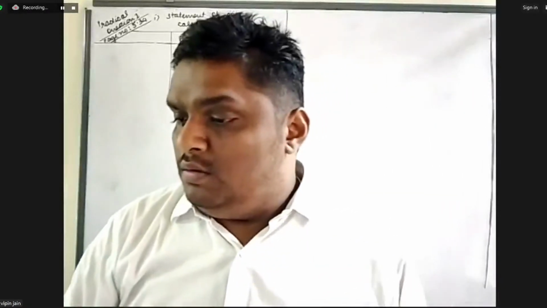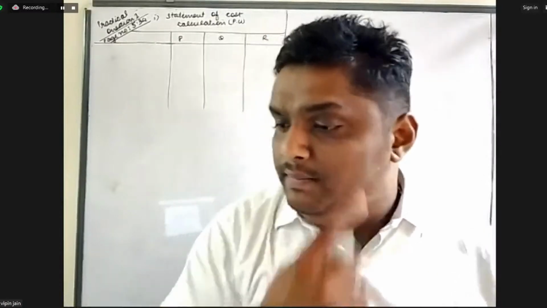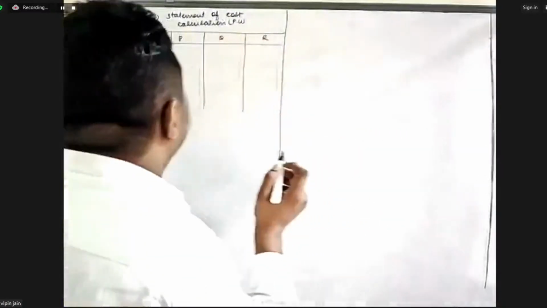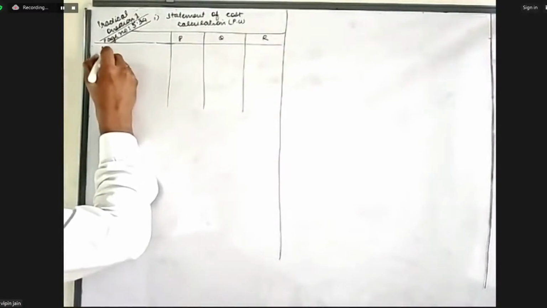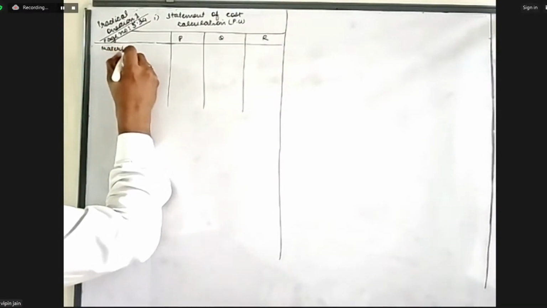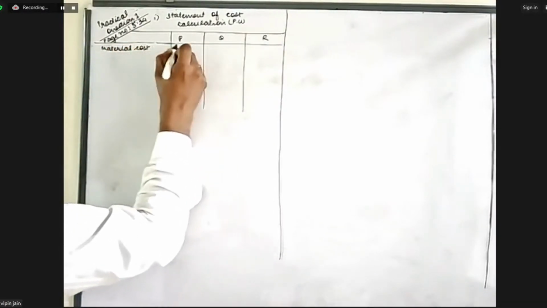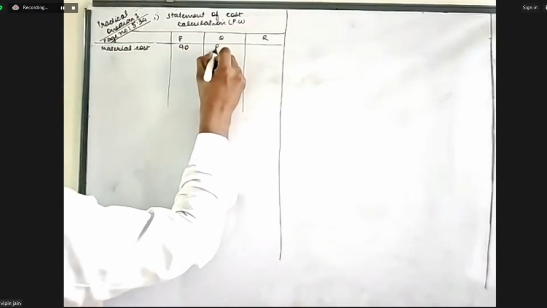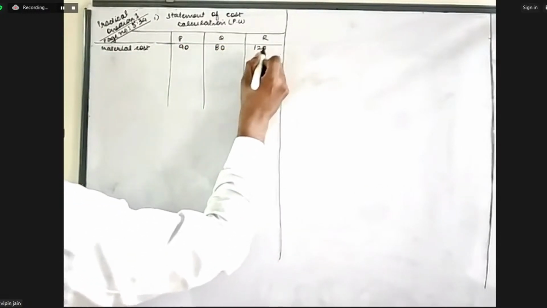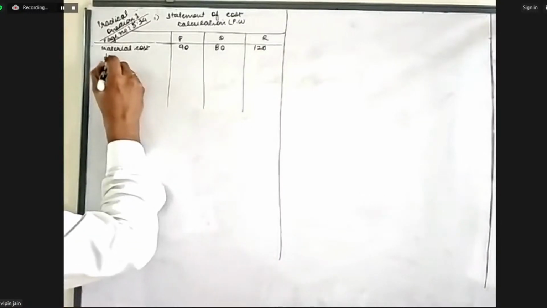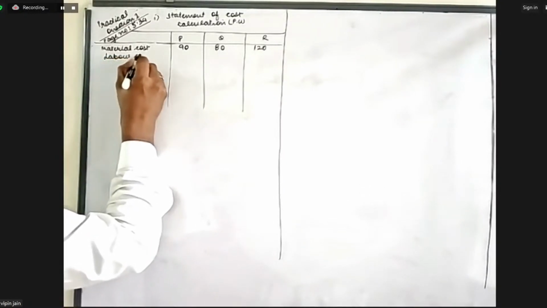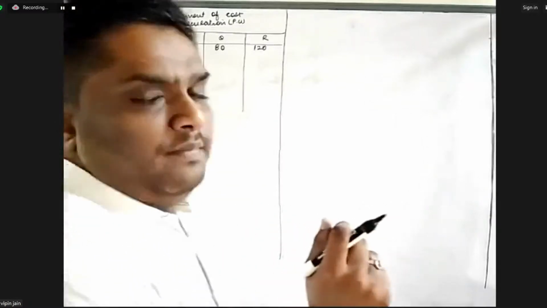Now, when talking about the material cost, it is given in the question straight away, that is rupees 90, 80, and 120. When talking about labor cost also, it is given that the direct labor hour per unit is 4 and the rate is 20 per hour.